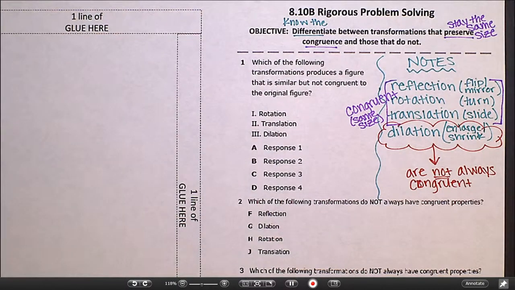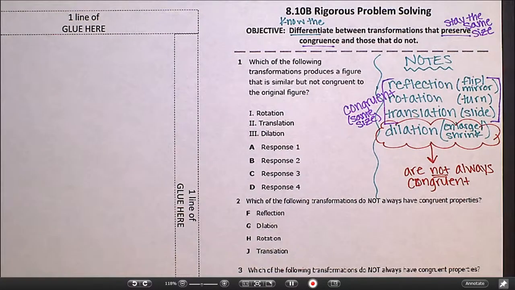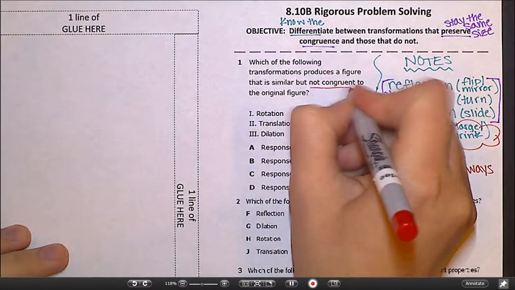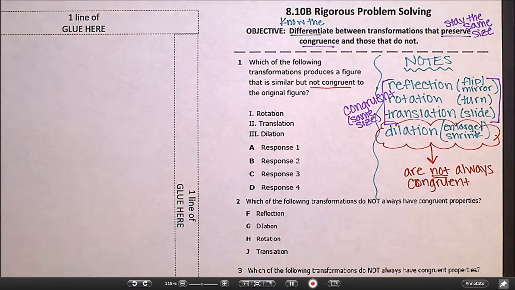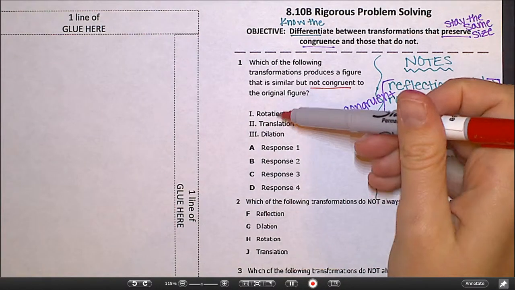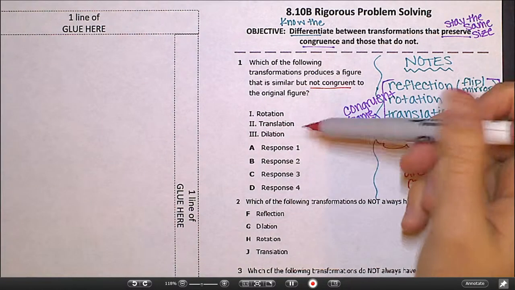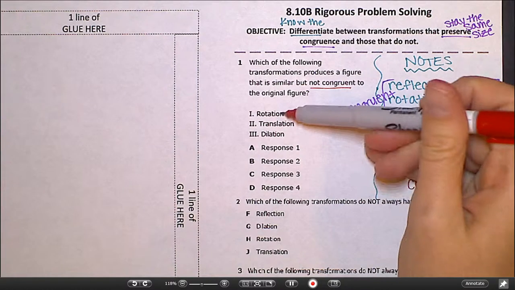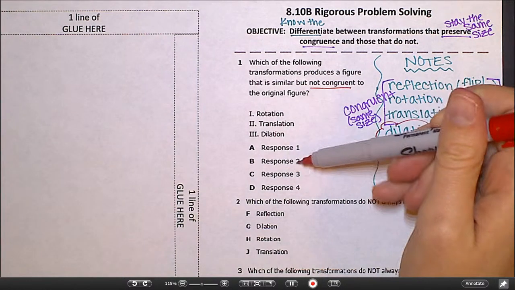Okay, number 1 says, which of the following transformations produces a figure that is similar but not congruent to the original figure? So again, not congruent to the original figure. And this is such a weird way for them to write this question anyway. They've given us 3 answers here, and then A says response 1, which would be this. Response 2 is this.